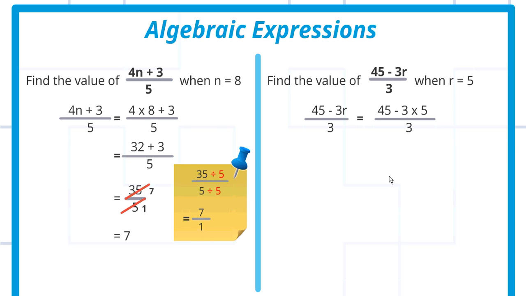Now my next equal sign, I need to simplify the 3 times 5 first. Perform the multiplication first because multiplication has priority over addition and subtraction when they are on the same level. So if you look at the numerator, there are two operations.